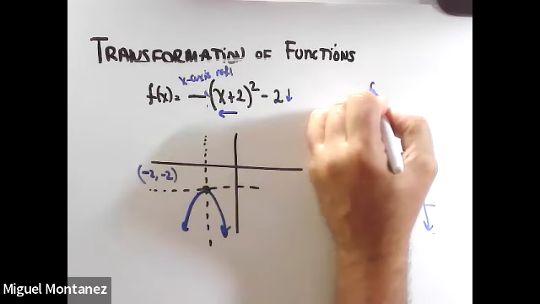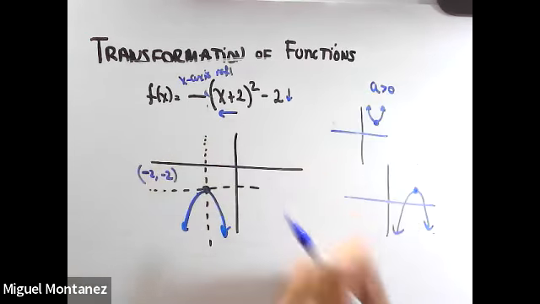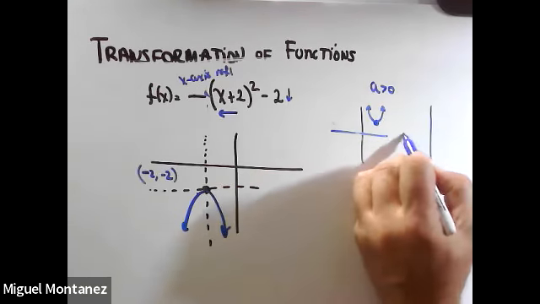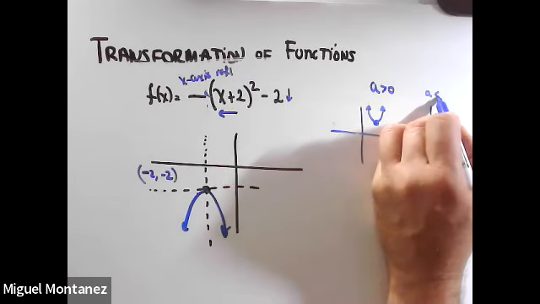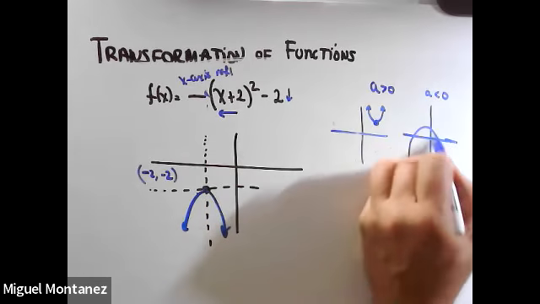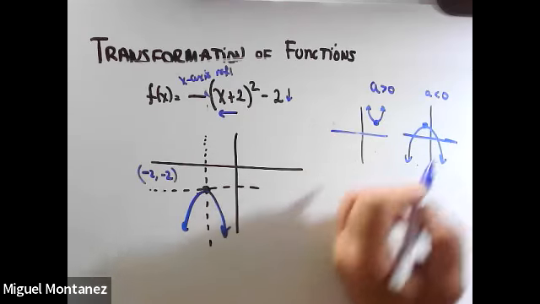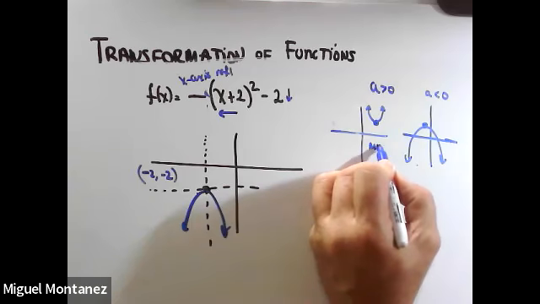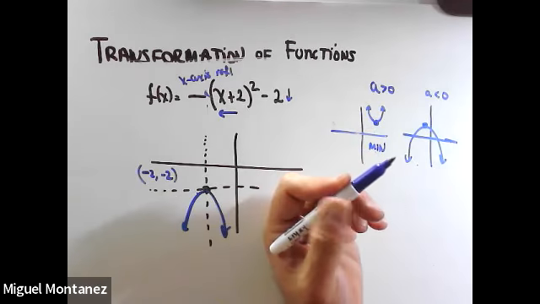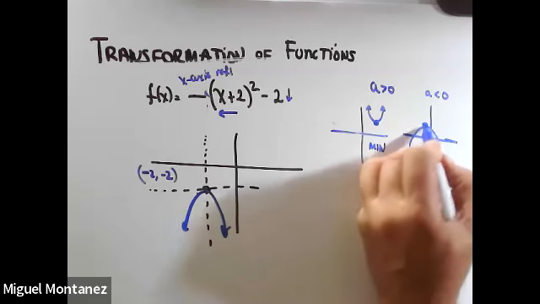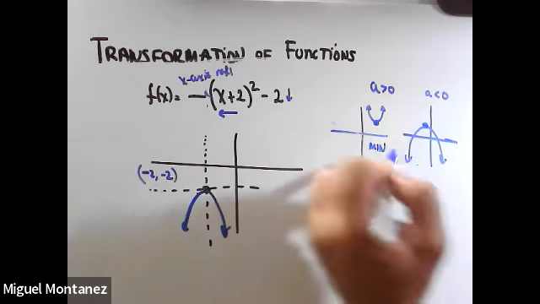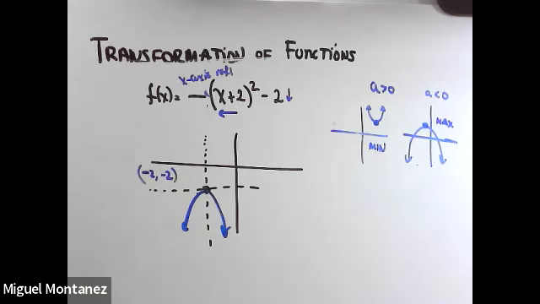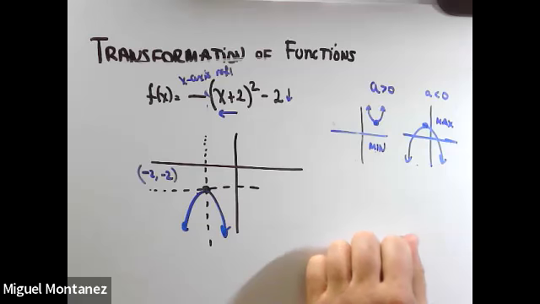So if A, my lead coefficient, is positive, the parabola opens up. If A, the lead coefficient, is negative, the parabola will be opening down, so the vertex will be there. In this case, the vertex is the minimum. If it opens up, this is the lowest value. If it opens down, this guy here will be the max, the highest value. Okay, so there you have it, transformation of functions.